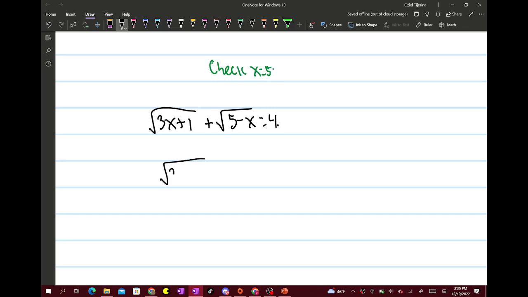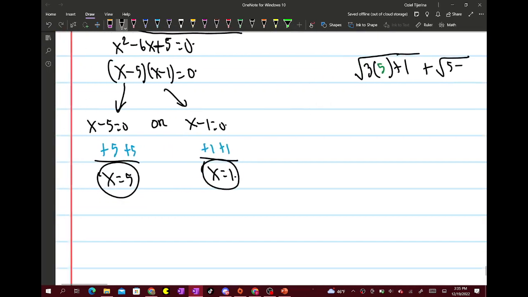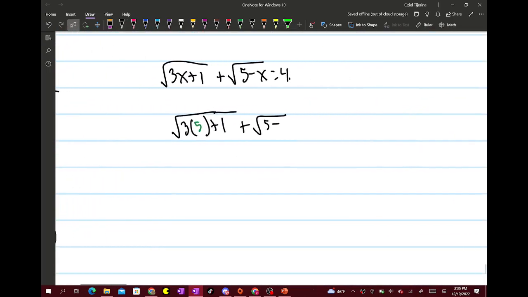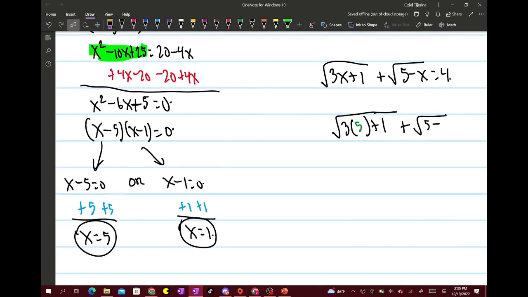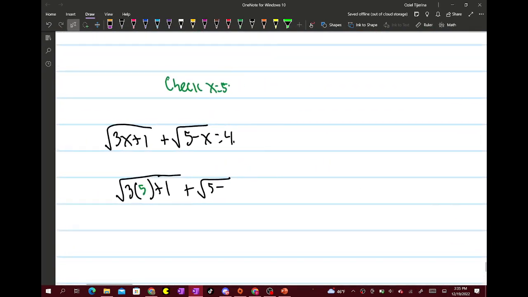The square root of 3 times 5 plus 1 plus the square root of 5 minus 5, and this would be equal to 4.